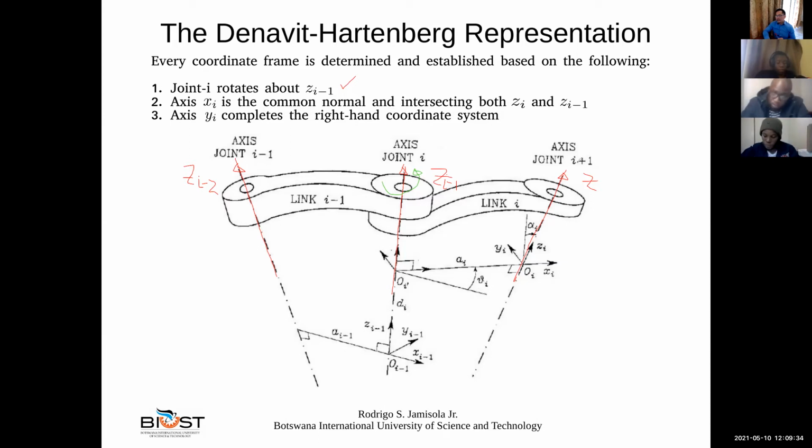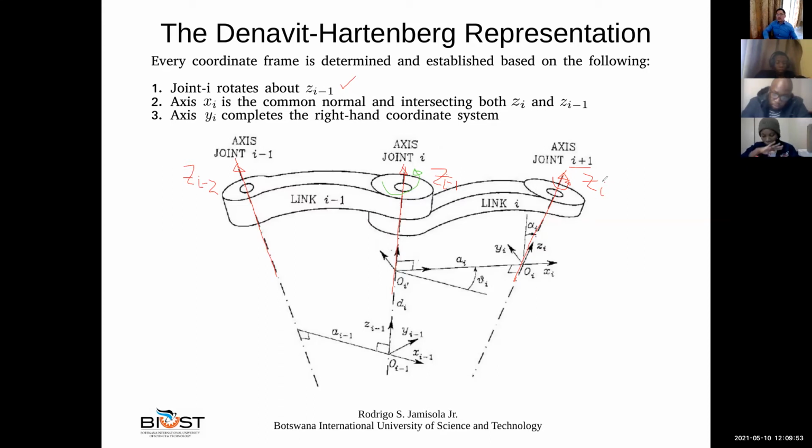So if this is joint i plus 1, it rotates about z of i plus 1 minus 1, so that's z i. It is just the index.